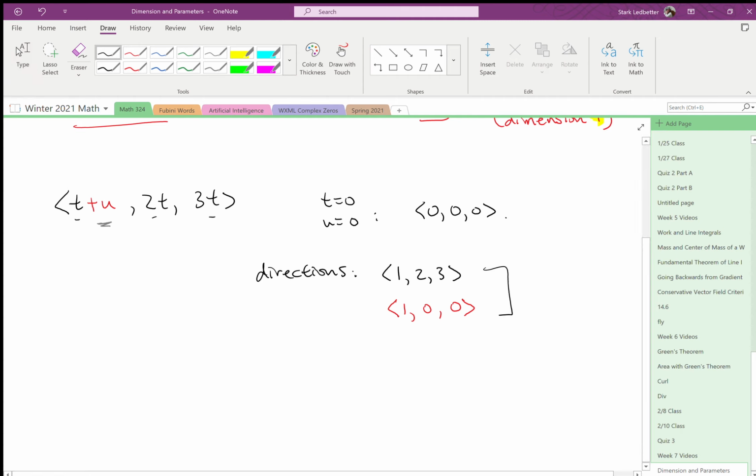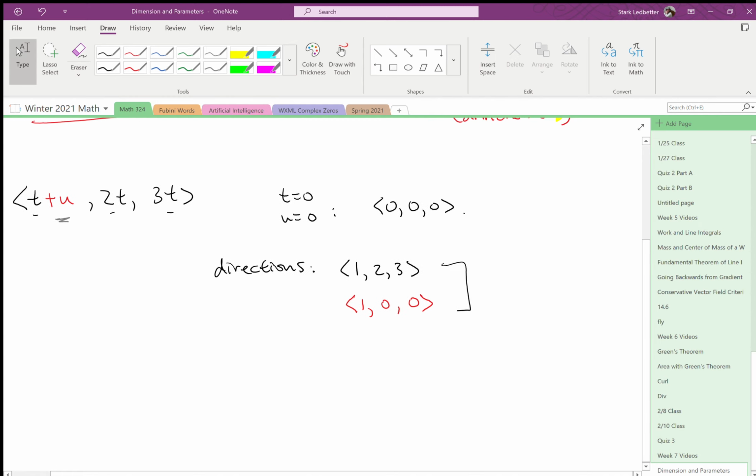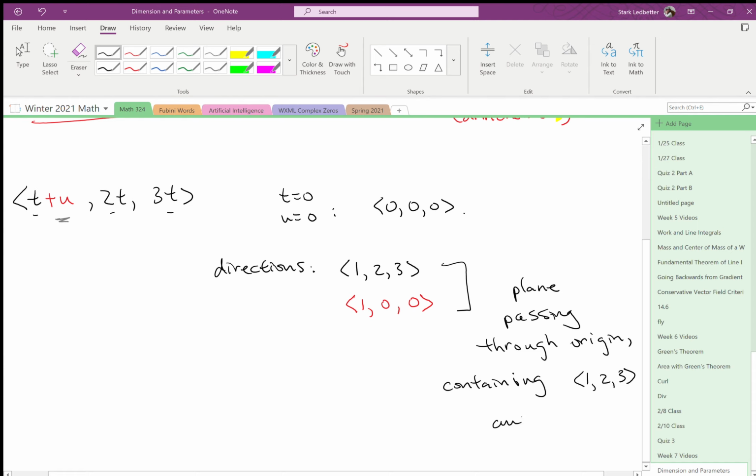I can walk first in one and then in the other. So what this gives us is a plane. It's a plane passing through the origin and containing those two direction vectors, the vectors 1, 2, 3, and 1, 0, 0. And that completely describes the plane.